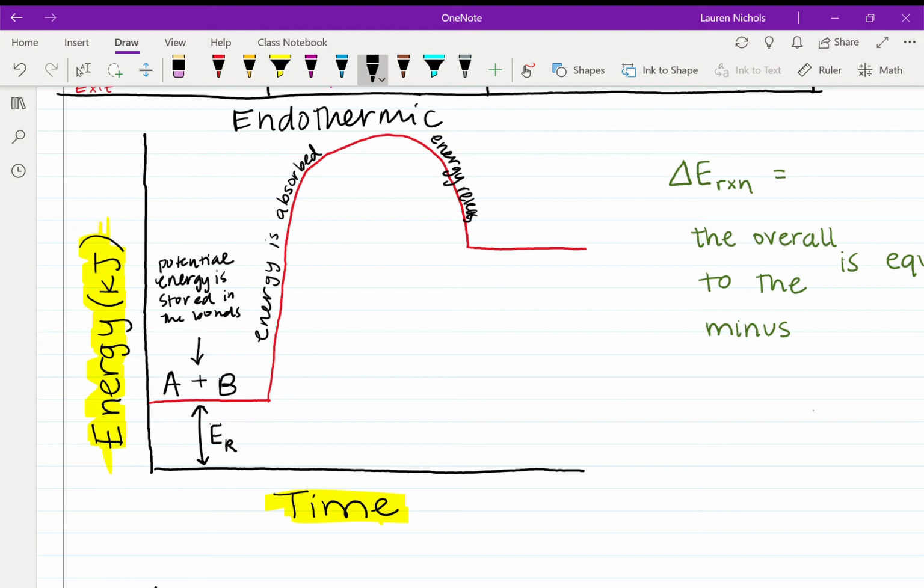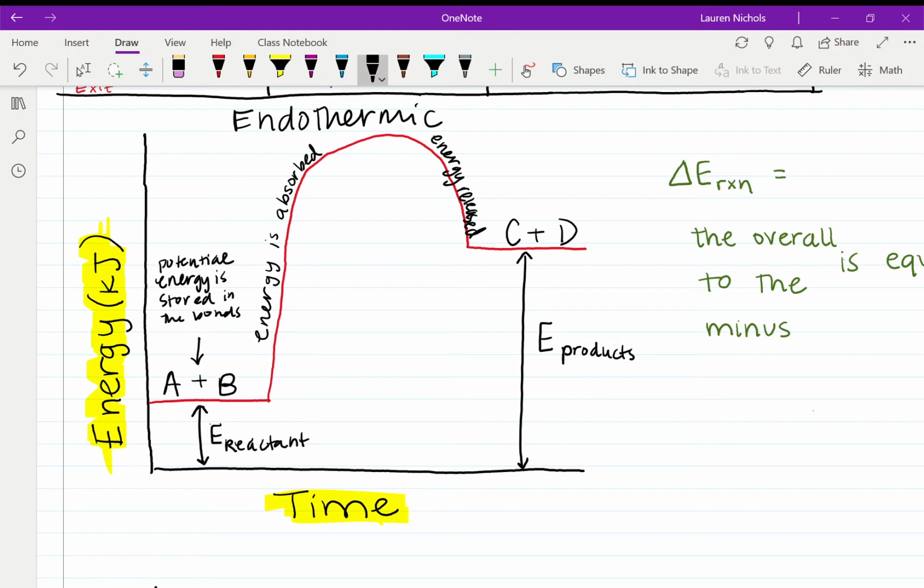Okay, now almost all reactions have some energy absorbed and some energy released, in order to form these products. So C plus D, which in this case, we would measure this amount would be the energy of our products, which I guess I'll go ahead and write out these words for you guys. That would be the energy of our products.